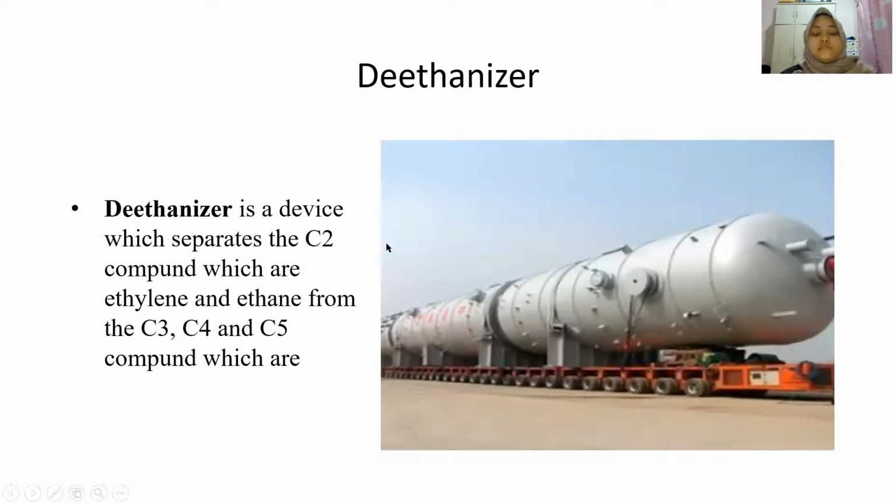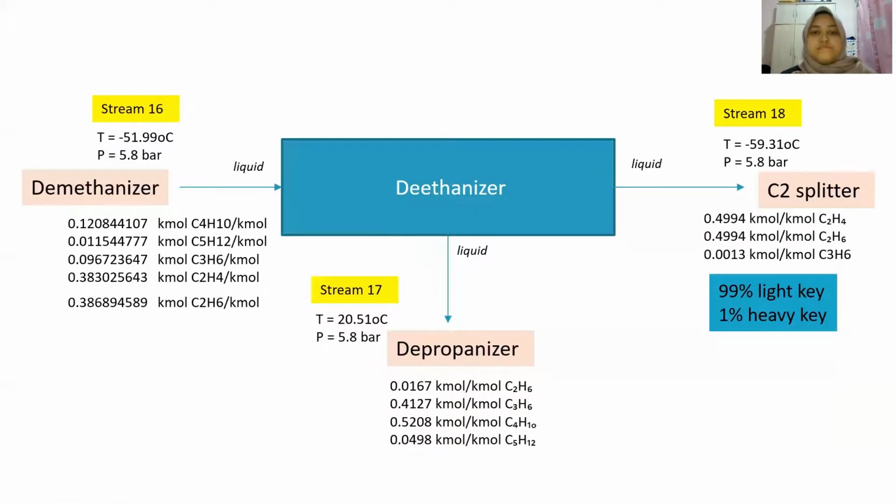Okay, the deethanizer is a device which separates C2 compounds, which in our plant are ethylene and ethane, from the C3, C4, and C5 components. 99% of the light key, which is the ethylene, will be removed in the overhead stream, and 1% of the ethane, which is the heavy key, will be removed in the bottom stream.